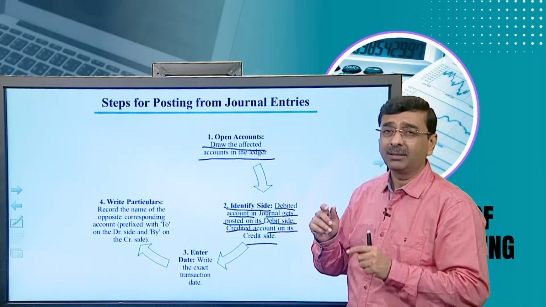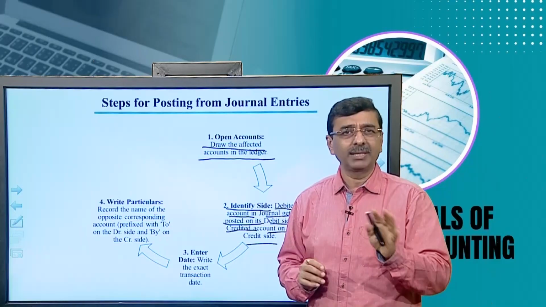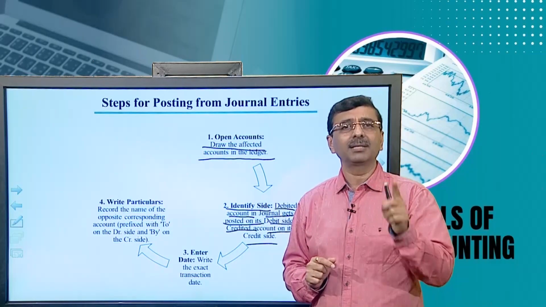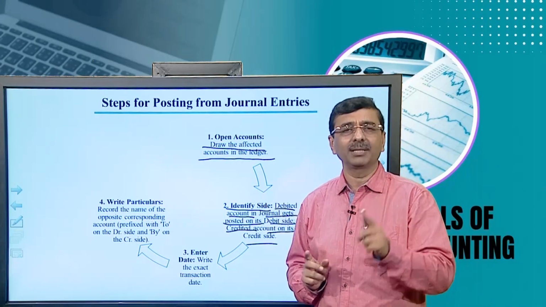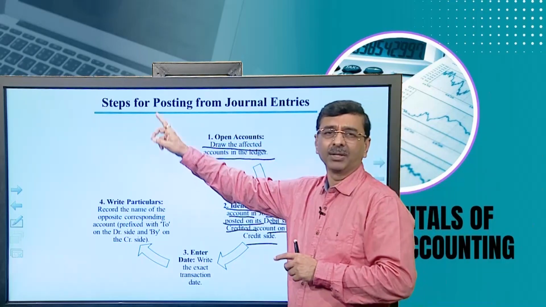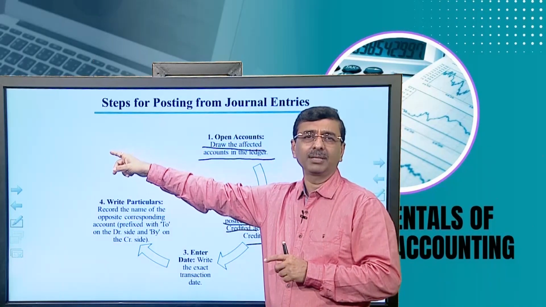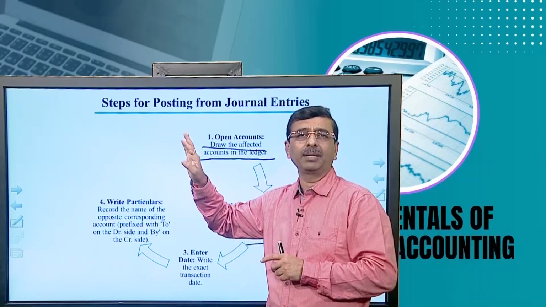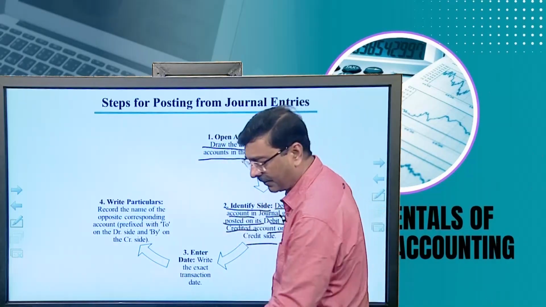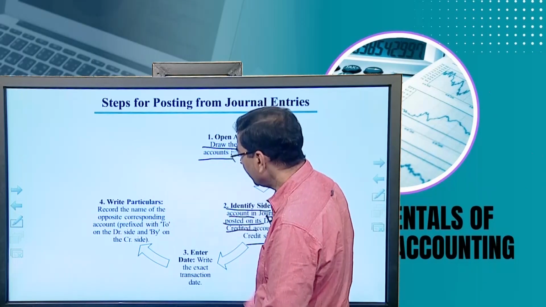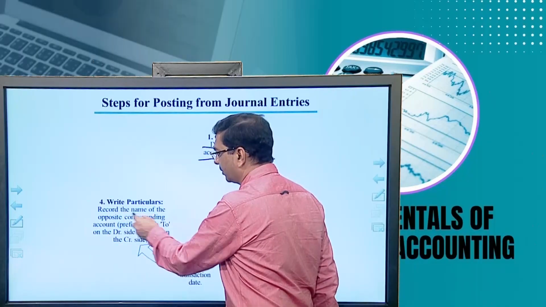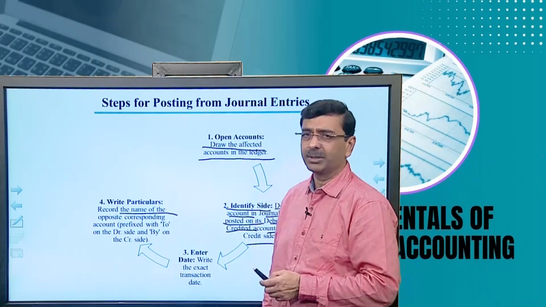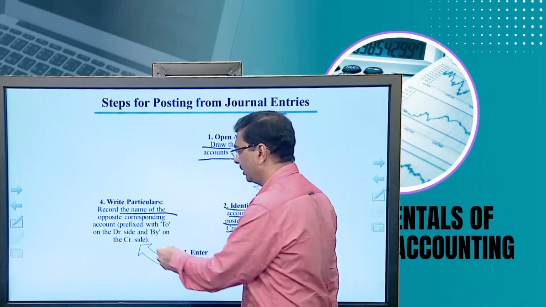When you post it, the posting date is immaterial, but the transaction date is 1st April 2026. So at the time of posting, when you are writing the date of this particular transaction, you have to write there 1st April 2026.